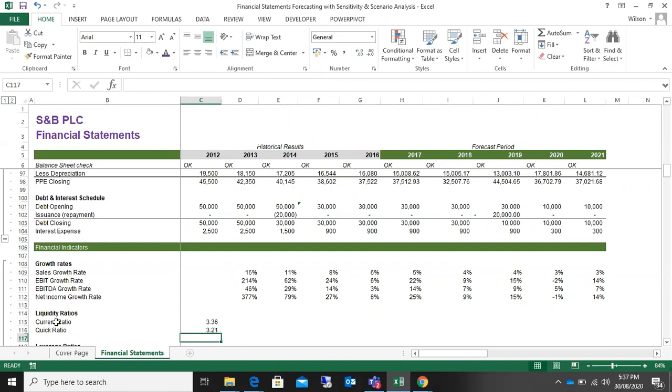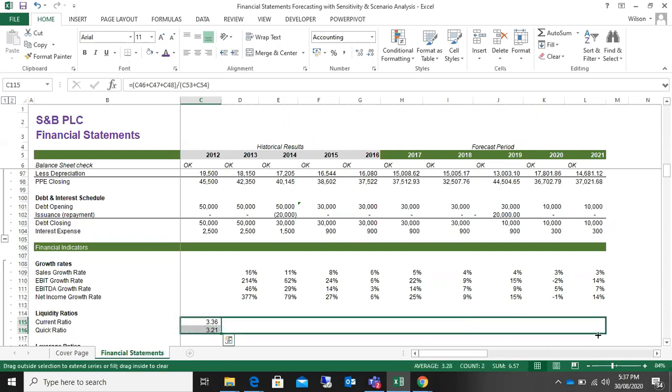If management is asking you to assess this business, you say this company is liquid to the extent of 3.36 to 1, and it's even more liquid to the extent of 3.21 to 1. So that is what this means. For instance, if the business is facing a liquidity problem, how quickly can you realize cash? You look at the quick ratio. The quick ratio will give you more insights than the current ratio.